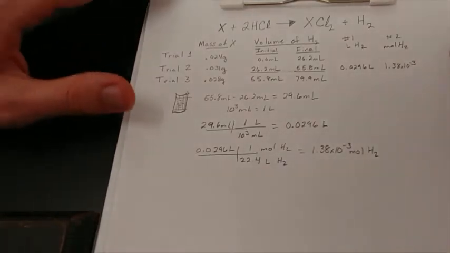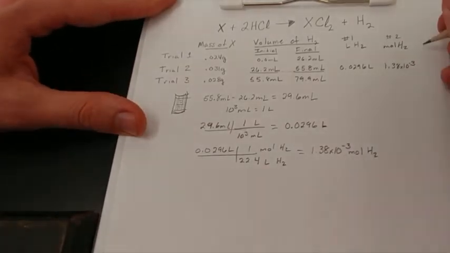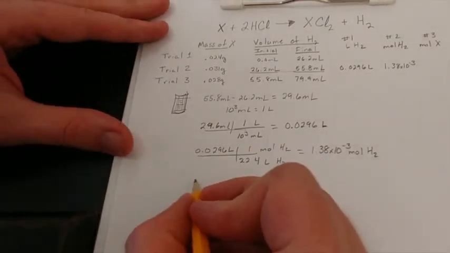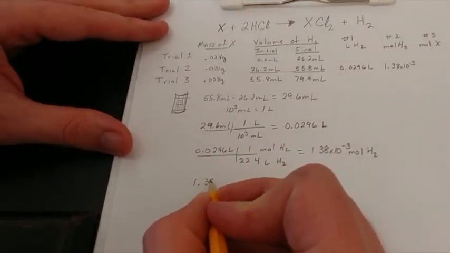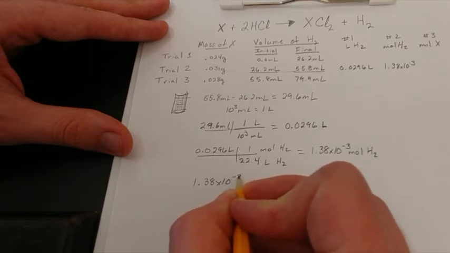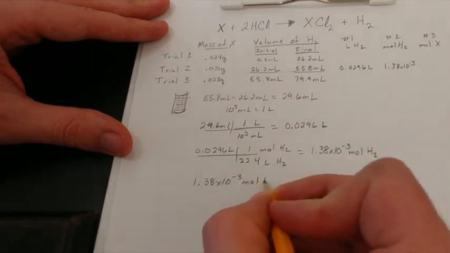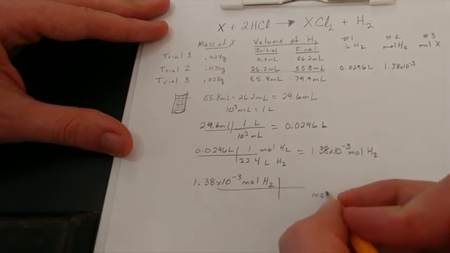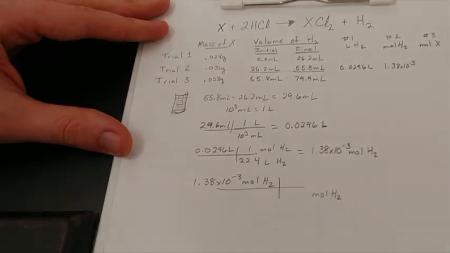Okay, then I'm going to go for moles of X, which should be number 3 on our list to figure out. Now it's going to involve taking the moles of the hydrogen gas and converting it to the moles of our new metal.